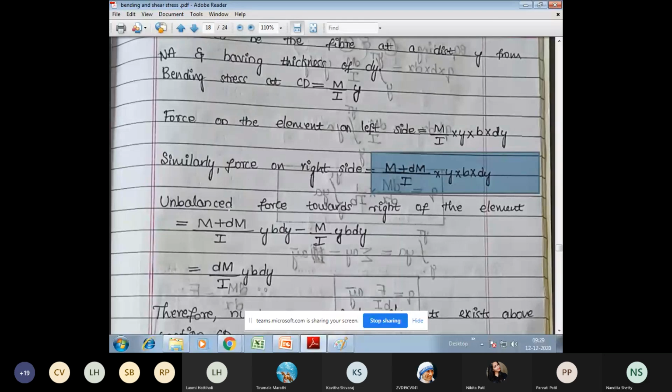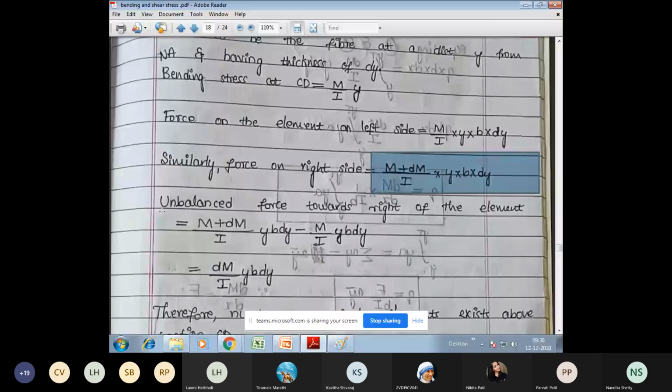What do you mean by unbalanced force? If you subtract the left side force from the right side force, you get the unbalanced force. This unbalanced force is towards the right of the element. Why right? Because the right side is m plus dm. So let me subtract: (m plus dm) by I y b dy minus m by I y b dy.